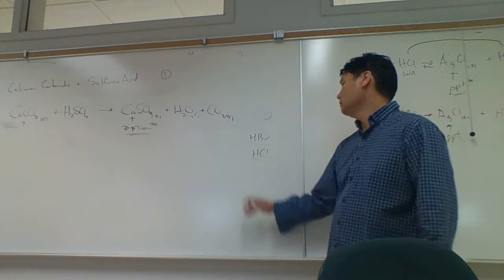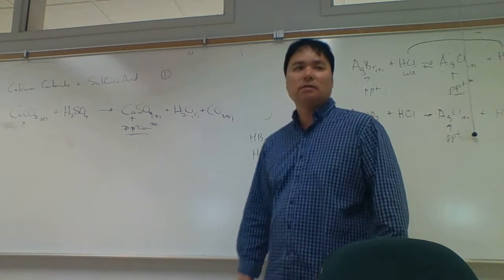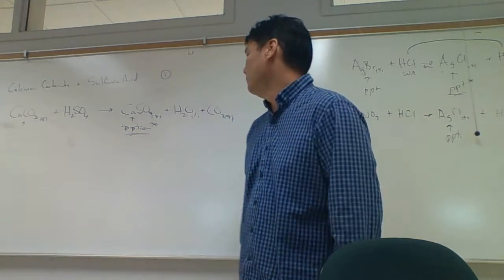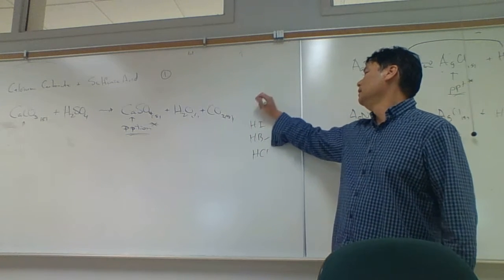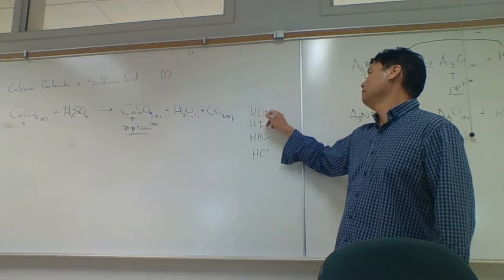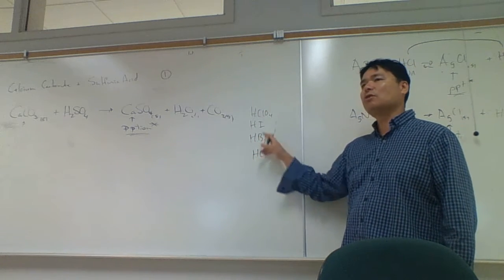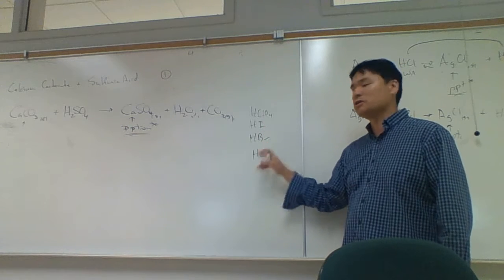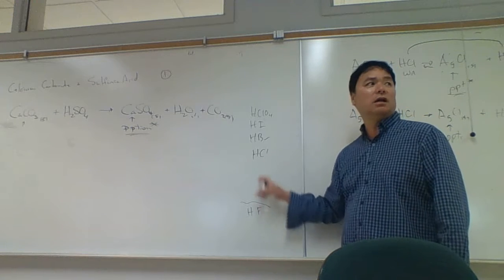Okay, this is the pattern that you'll see in the Bronsted chart, which I sent out. Remember, this was HClO4, and as far as these go, hydroiodic, hydrobromic, hydrochloric. Hydrochloric is the weakest of the halogens. HF is way down here. HF is like 1,000,000 times weaker than HCl.